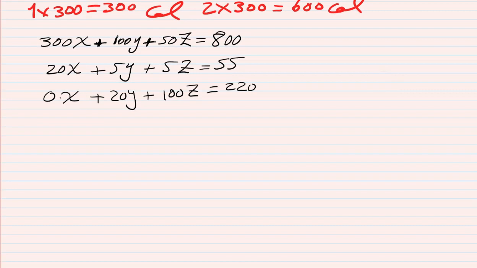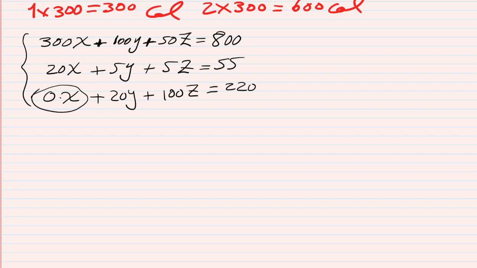Now we need to solve the system here. Now 0x here is just 0, right? So in the next step, I'm just going to leave that out. Also, we like working with smaller numbers. So I'm going to reduce every equation here.